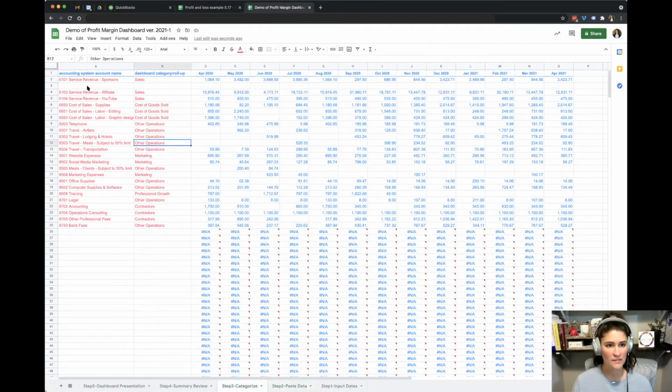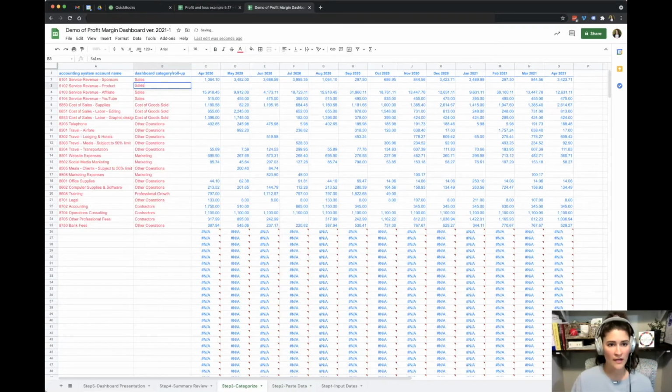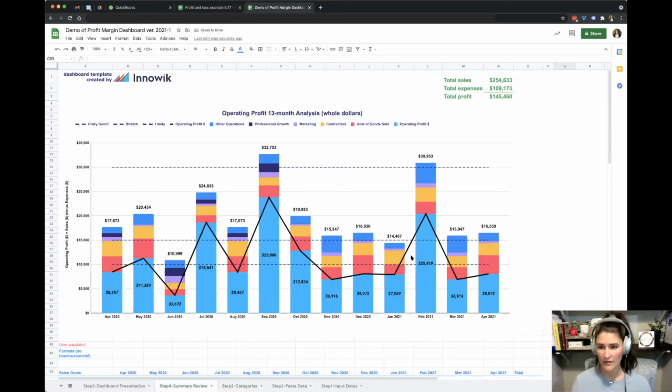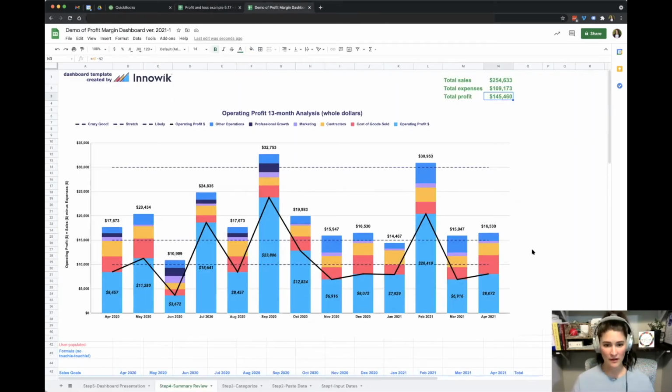So I'm just pasting the source data name, and we want that to roll up to sales, and then we just want to carry this formula down because this is what drives how it feeds into here. And so now we have this total profit of 145,460, which should tie to the source of 145,460. So that is what I would call a beautiful report that I am happy with.